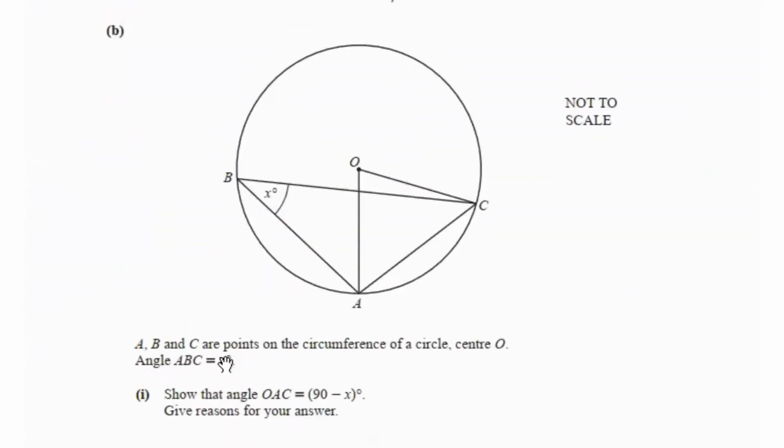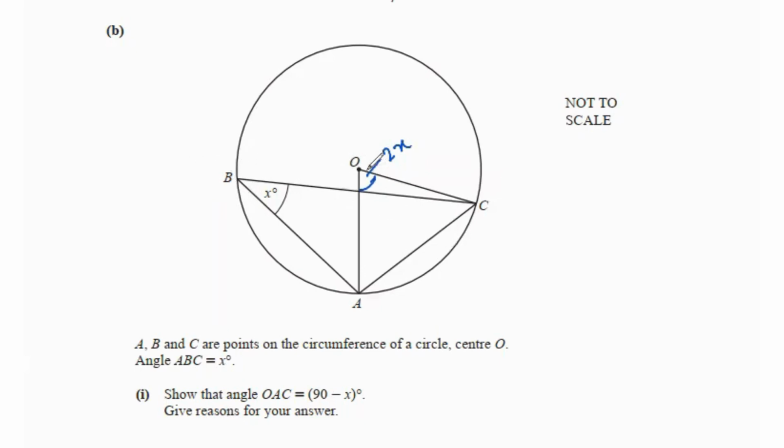Part B says A, B, and C are points on the circumference of a circle, center O. Angle ABC is x. Show that angle OAC is 90 minus x. So if this is x, angle at the center would be 2x. Why 2x? Because the circle theorem has a rule that the angle at the center out of the same chord is twice the angle at the circumference.